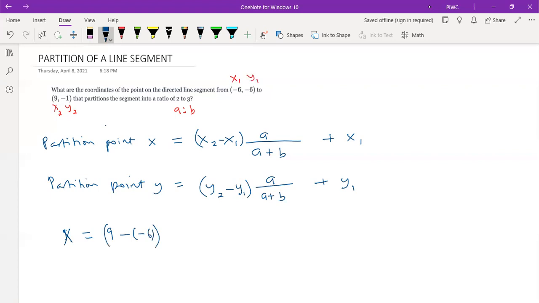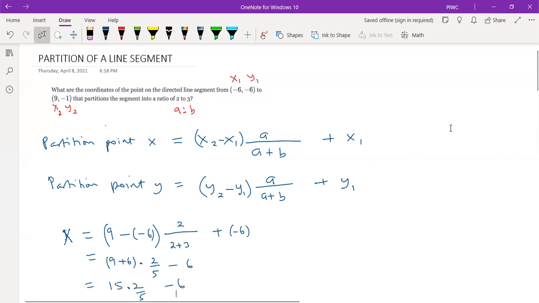All this times A, which is 2, over the sum of 2 plus 3, and then plus the x1, which is -6. Okay. So this will give us 9 plus 6 times 2 over 5 minus 6, which is equal to 15 times 2 over 5 minus 6.